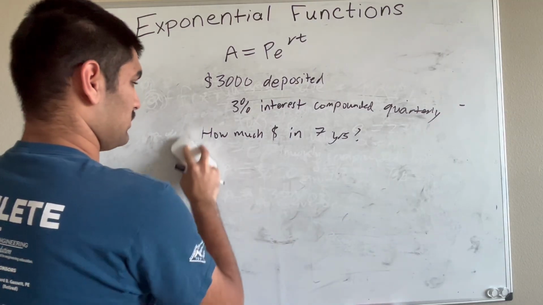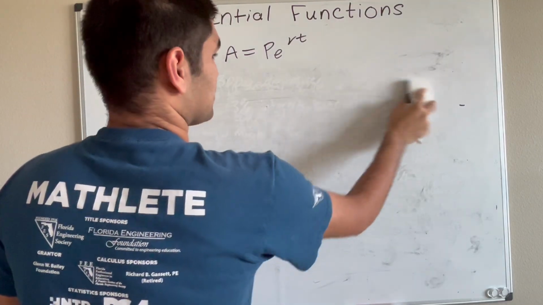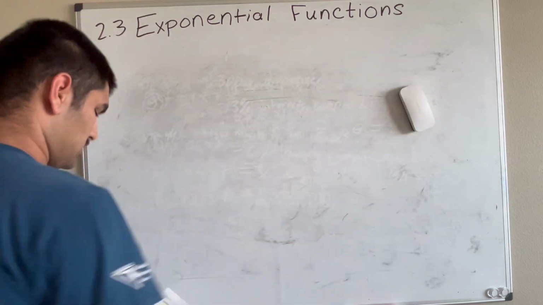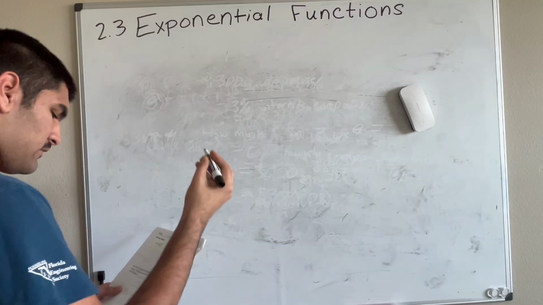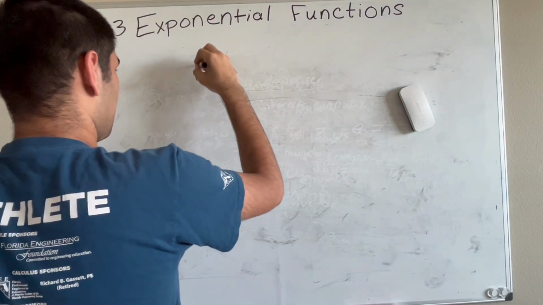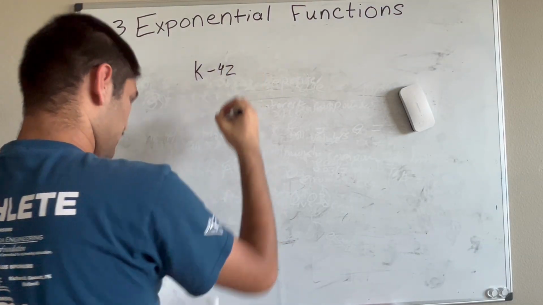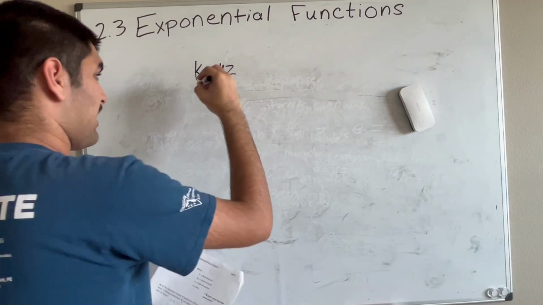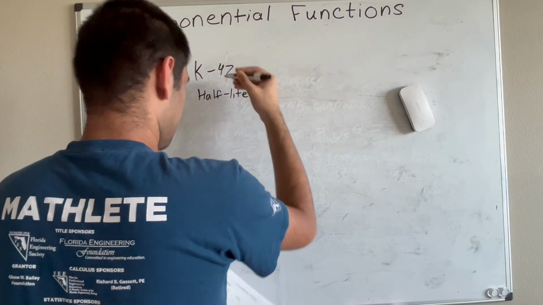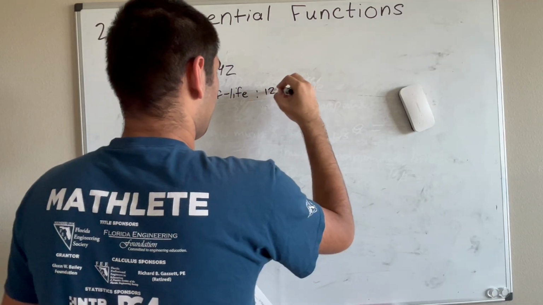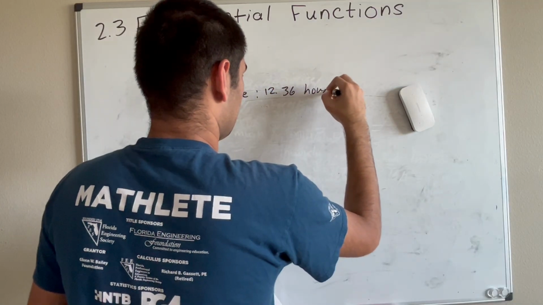So let's see some other applications of exponential functions. Let's say we have potassium 42, right? And they give us the half-life of this. So the half-life of potassium 42 is 12.36 hours.